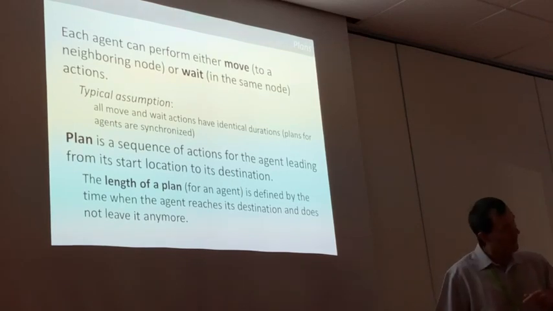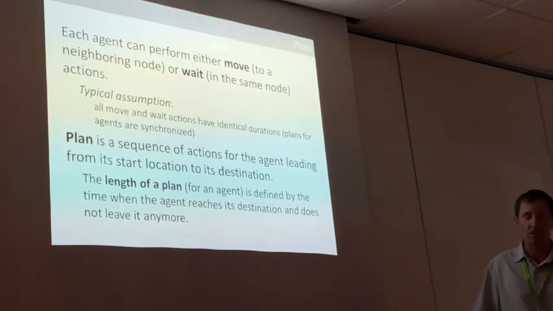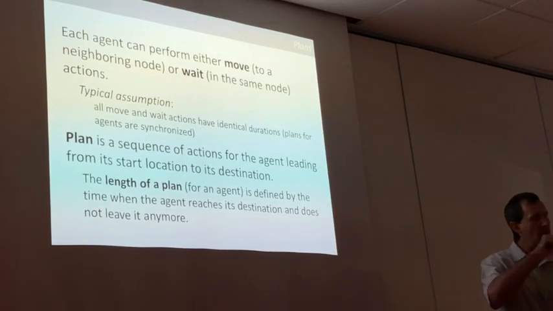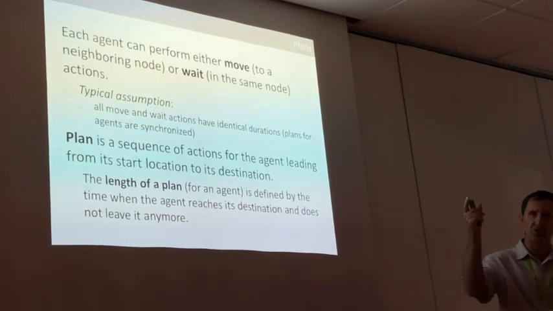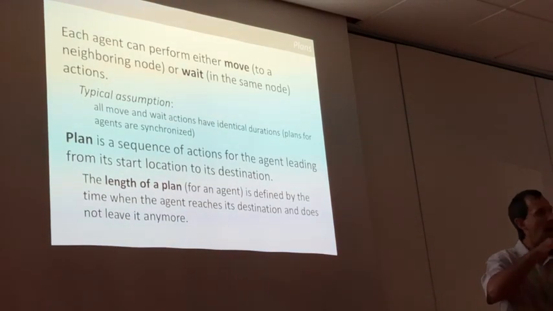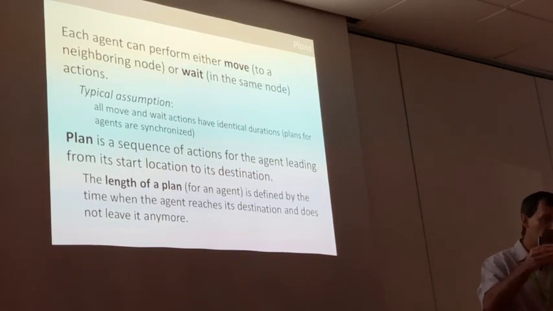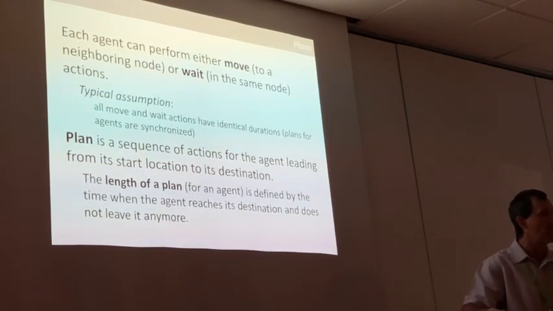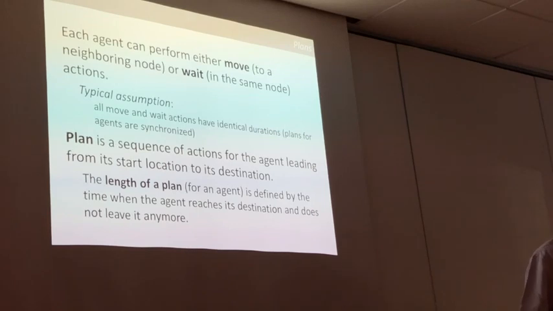It's not the first time when the agent reaches the destination, because the agent may be in the destination, but it may need to leave it because another agent wants to go through the destination. So it's exactly the last time when the agent enters the destination, and since then till the end of all the plans, it's not going away from it. And you will see it in some examples later.